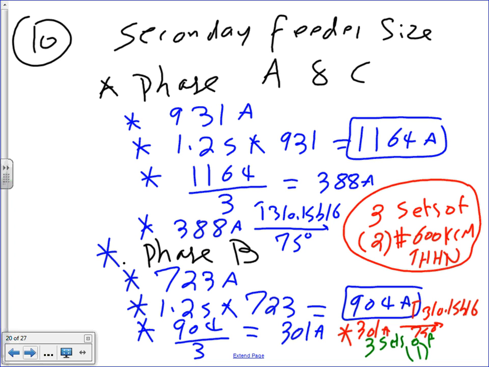Now, 3 sets of 1 conductor. What size? 500? 350. Oh, 350. 350 kcmil THHN. I apologize for putting it way at the end. It's the 3 sets of 1 conductor, 350 kcmil.